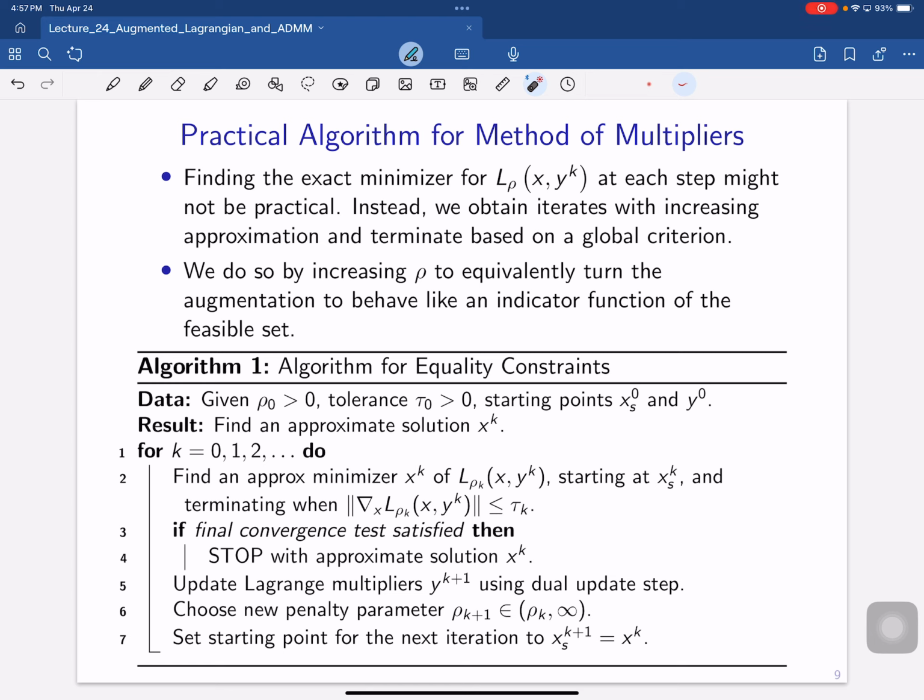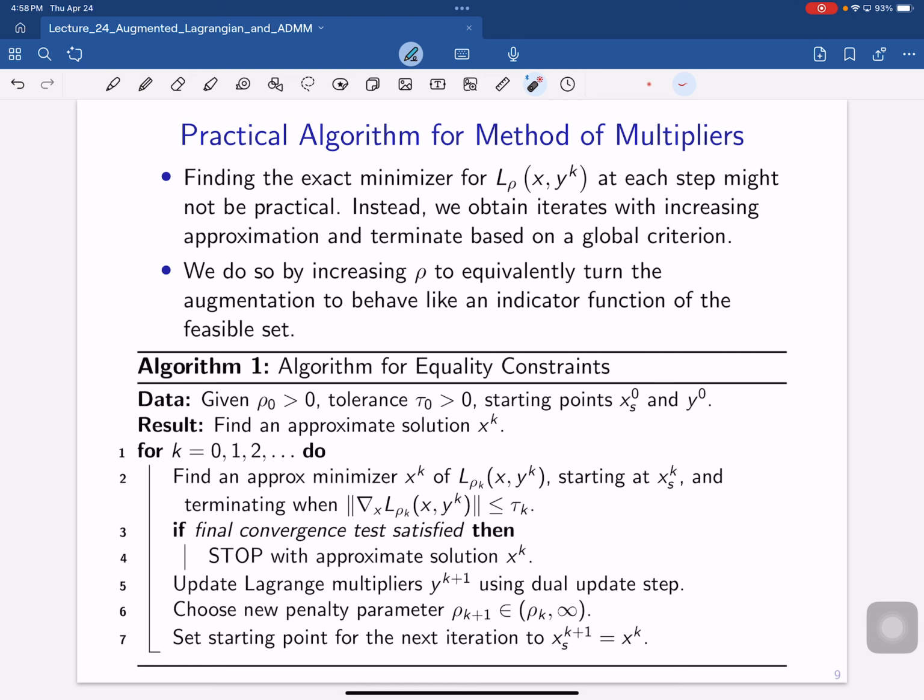Of course, numerically you would not set rho to be plus infinity, but imagine it can be, then your solution must satisfy AX equals B. It will not try to violate AX equals B. But again, if you set rho to be too large, you get numerical issues. You are just trying to satisfy feasibility and ignore the optimality itself.